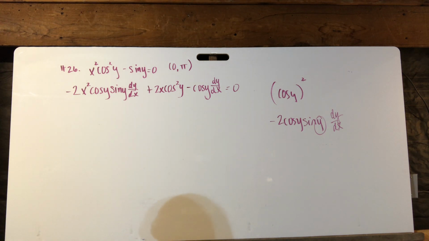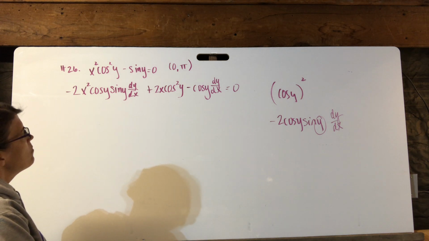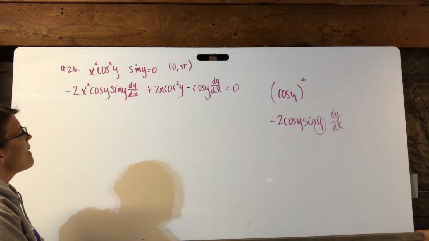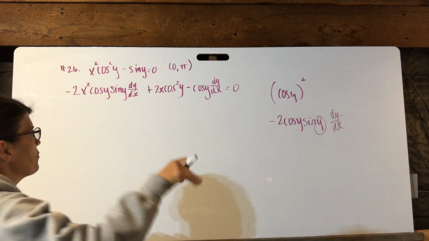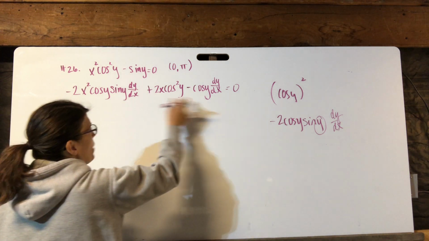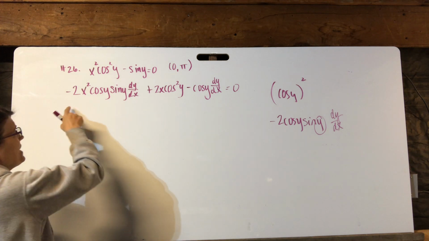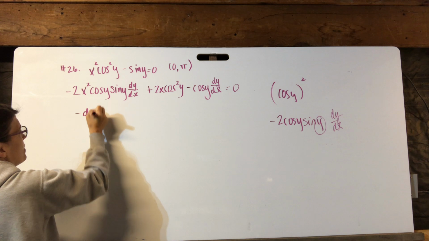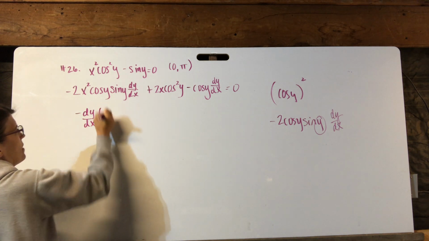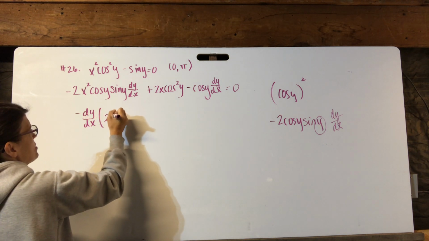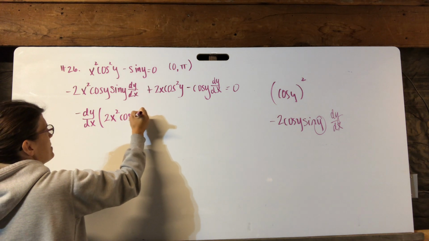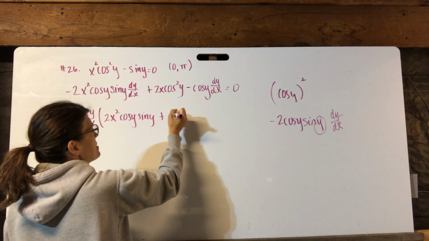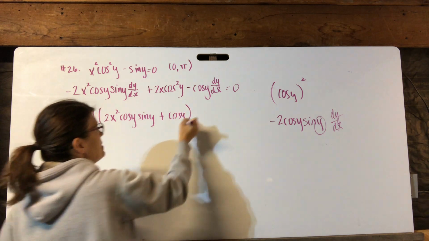Okay, here we go. All right, I'm just going to go for it. I'm going to take out the dy/dx, actually a negative dy/dx. That leaves me with 2x squared cosine y sine y plus cosine y.